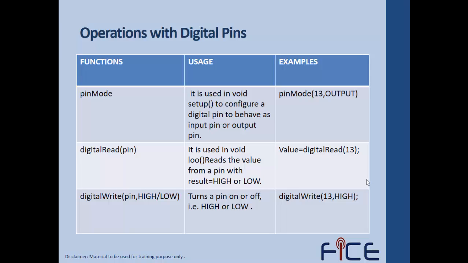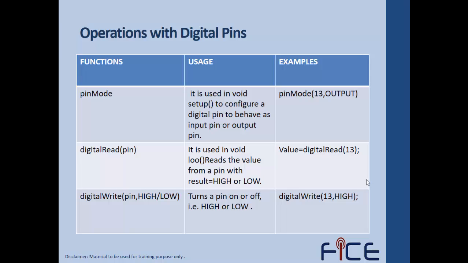And at last we have the digitalWrite API. This API is also used in void loop, and it is used to write on the digital pins. With the help of this API we can write either high or low to any of the digital pins.